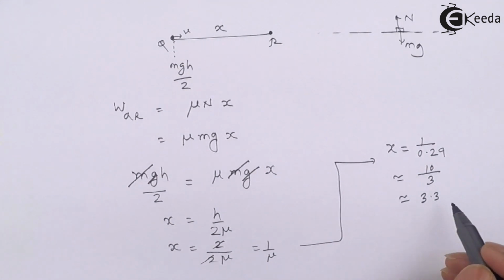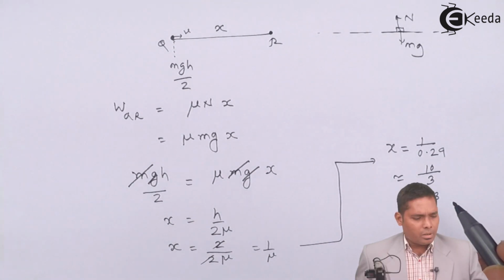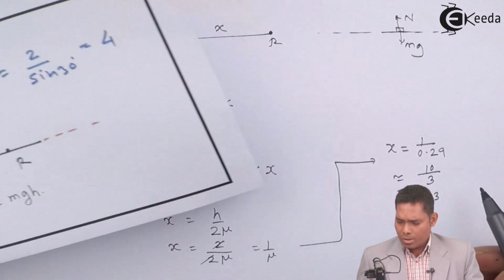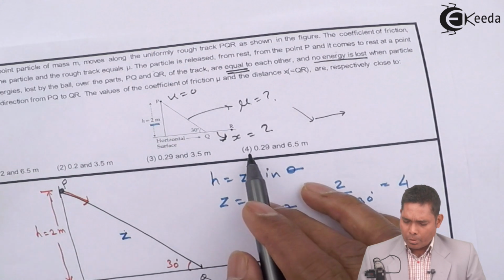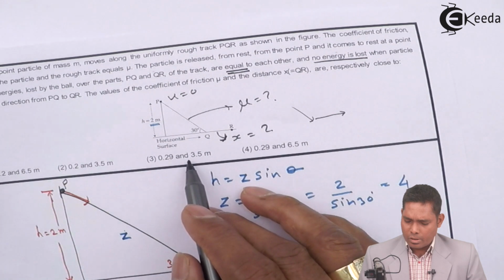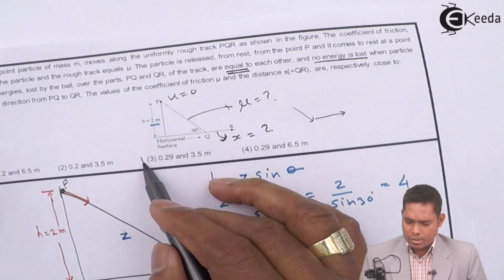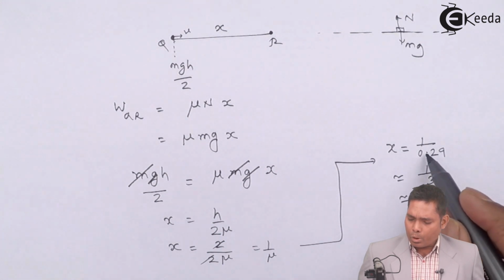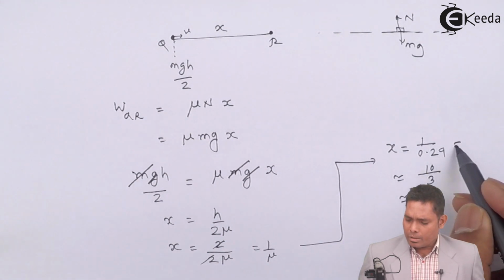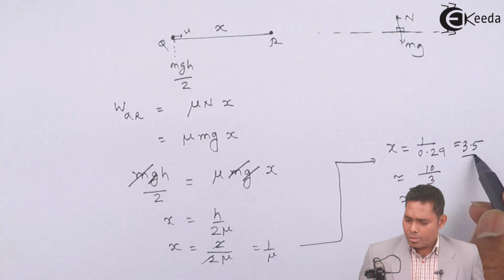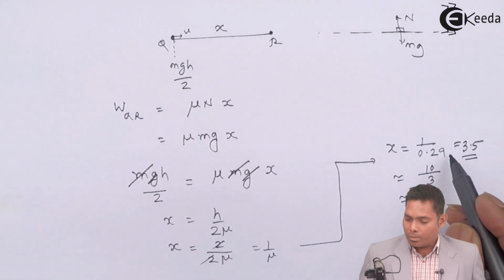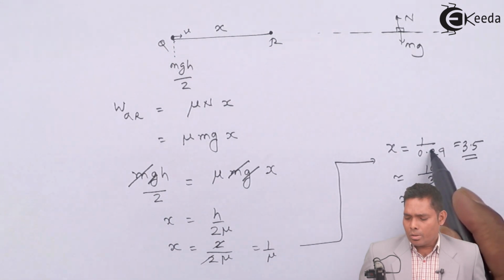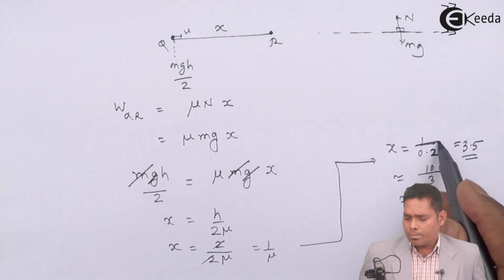3.3 approximately, because in exam approximate results are more important. So 3.3 means this is more near. Out of these two, this should be the answer, which is 3.5. That means if I go for 0.29, obviously I will get 3.5. But I don't have to go for that, because to solve this you will lose some time.